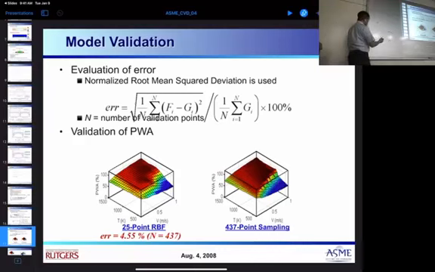Let's say you decided to test 4 levels here and 4 levels there. Then you have 16 possible combinations. You could design your experiments and then ask Fluent to solve for these 16 combinations.